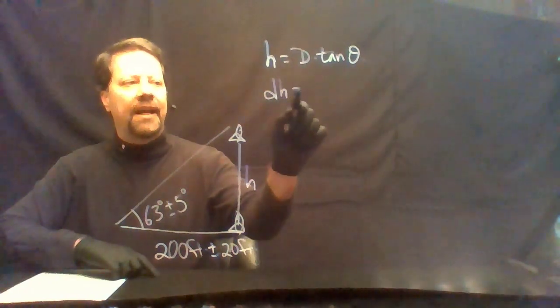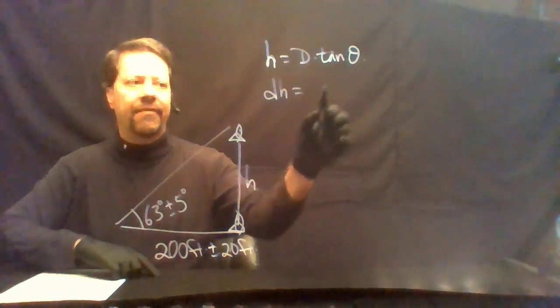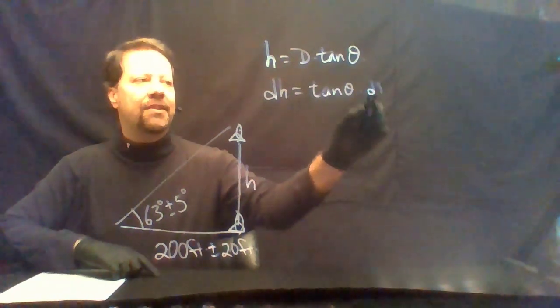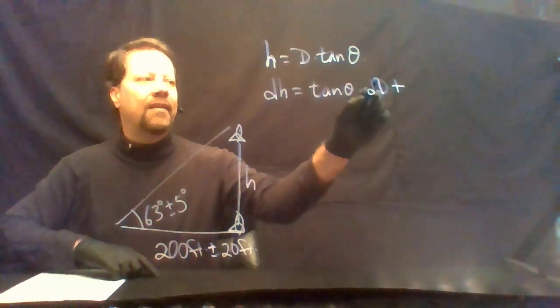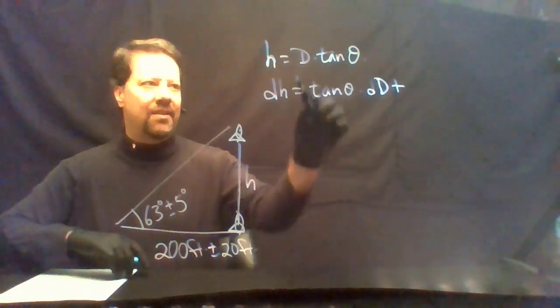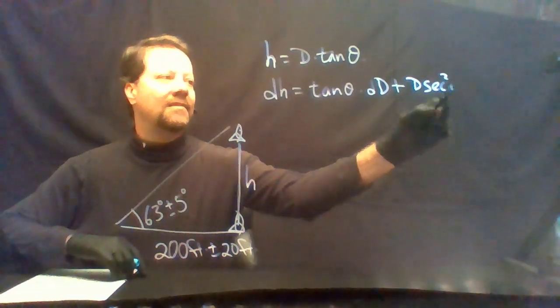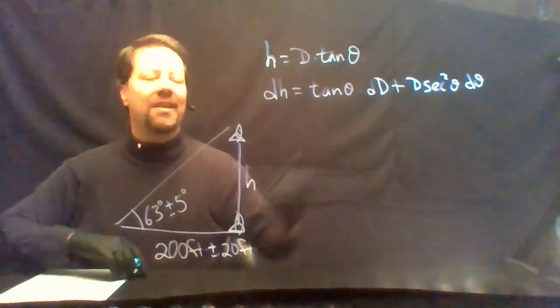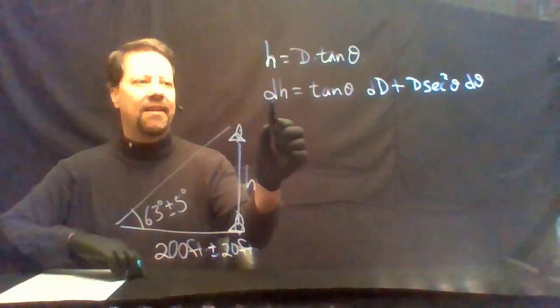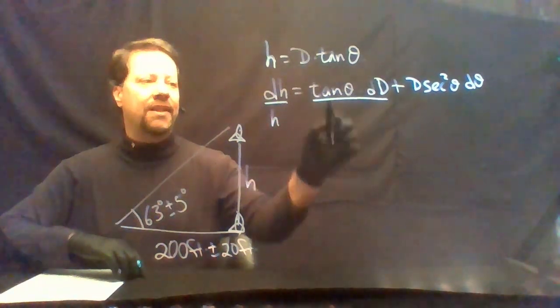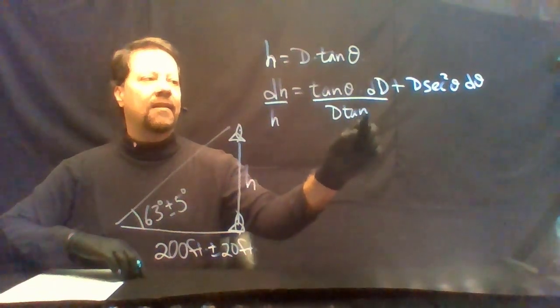The error in h will be, take the derivative with respect to d and multiply by the differential in d. Take the derivative with respect to theta and multiply by the differential in theta. Then, to find the relative error, you divide both sides by h, but h is d tan theta.